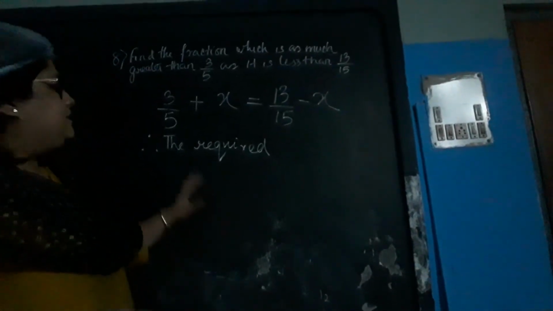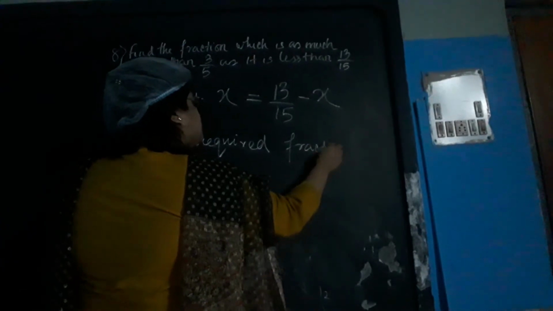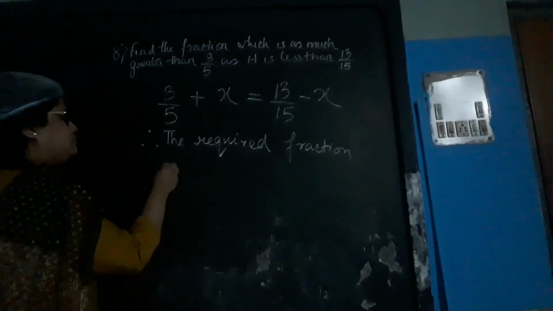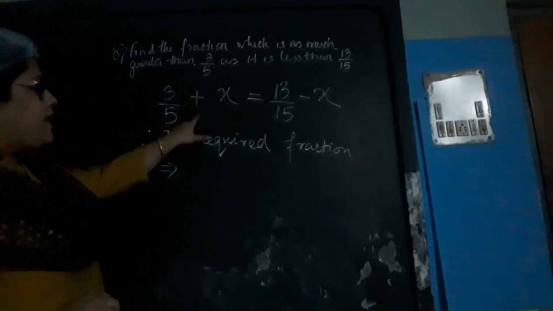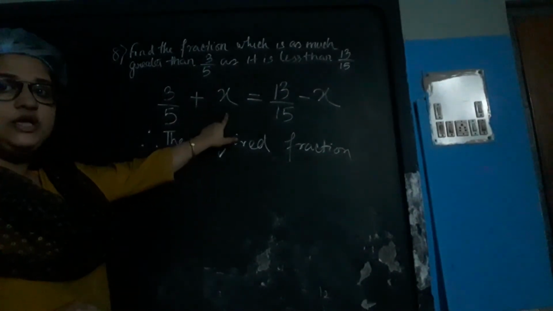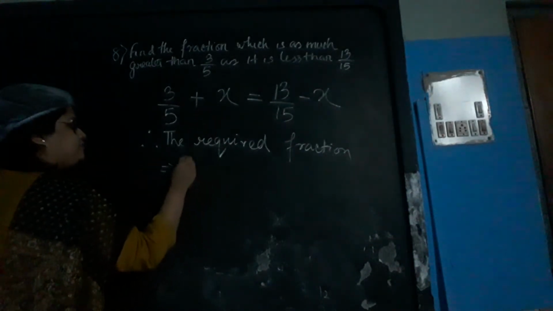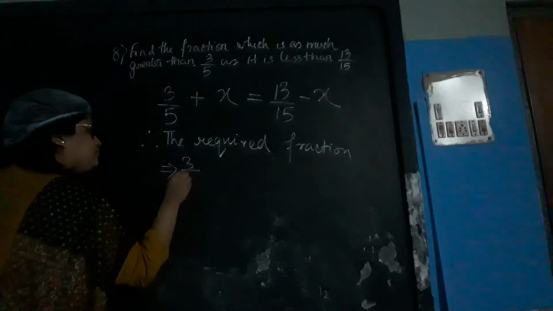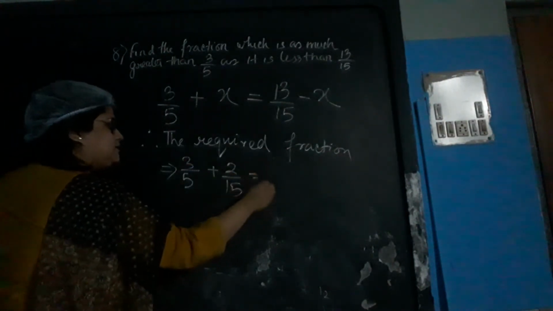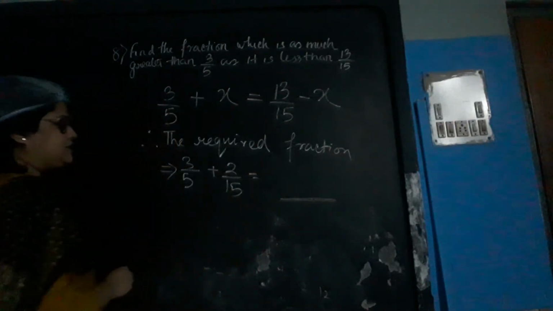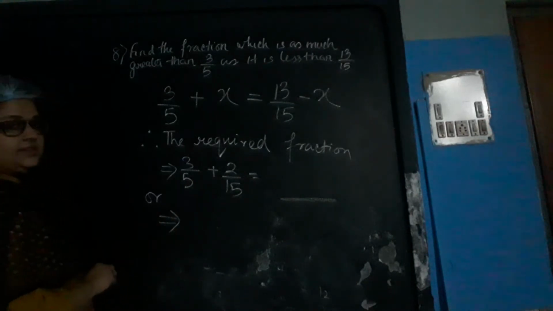So therefore, the required fraction is how much? I can get it by using two methods, I will show you both. If you add the x value, x is 2 by 15 which you got, if you add this value 2 by 15 to this fraction 3 by 5, you will get the resultant fraction that you need, or you can do any one in the exam.